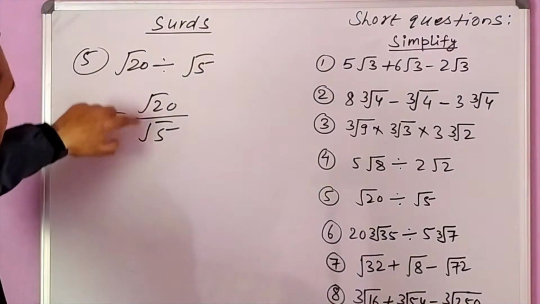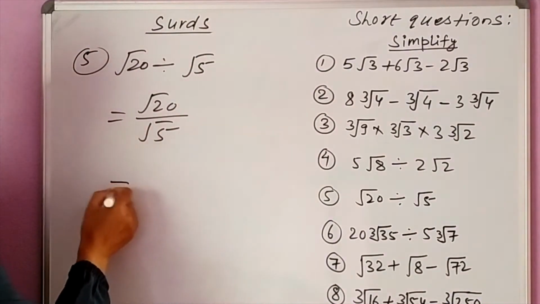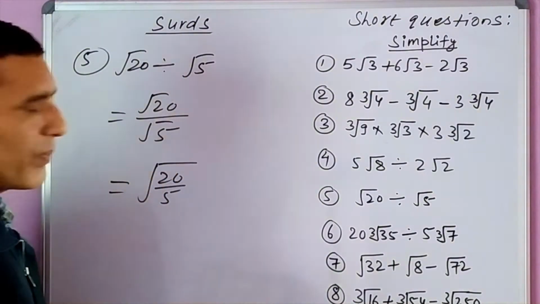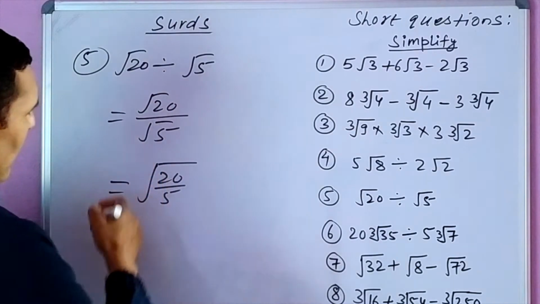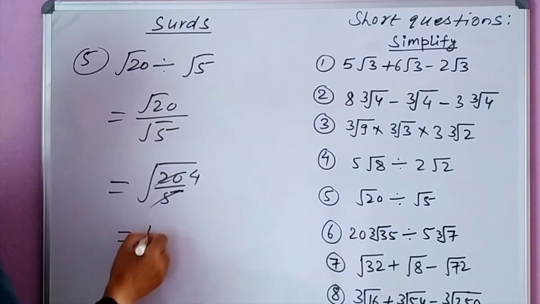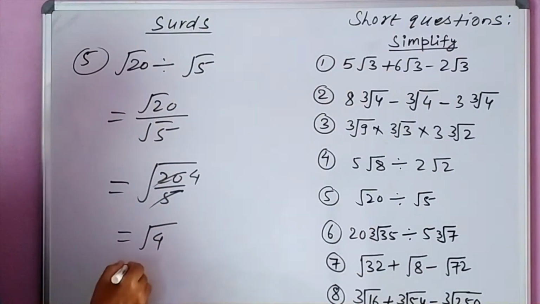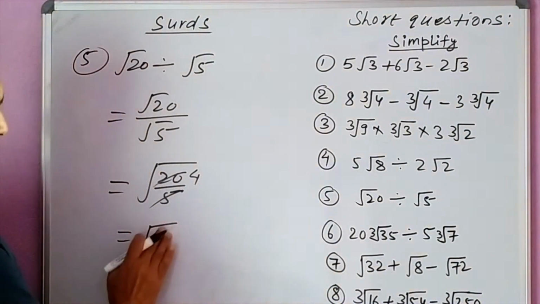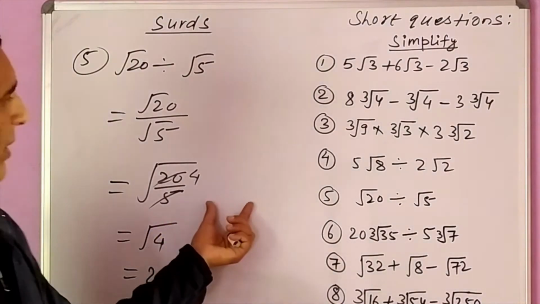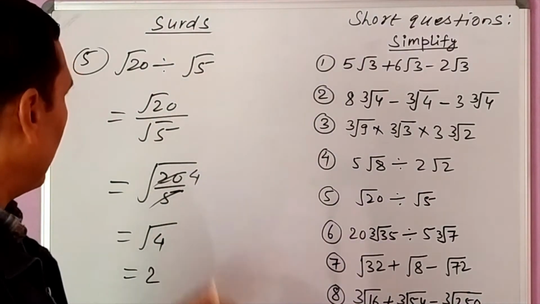If the orders of the surd are the same, it can be written as 20 upon 5 within the same radical sign. So 20 upon 5 is 4, so there is square root of 4, and we know that square root of 4 is 2. So I think we don't have any problem understanding this one also.